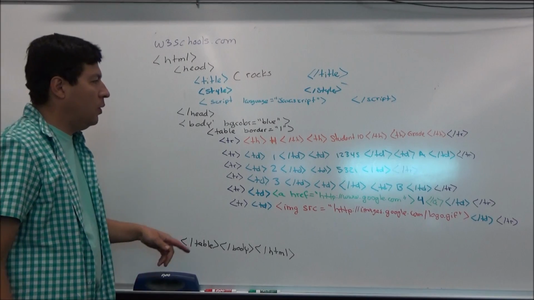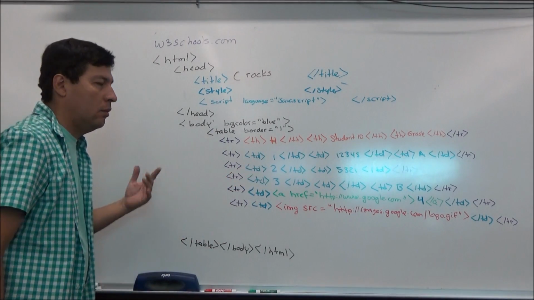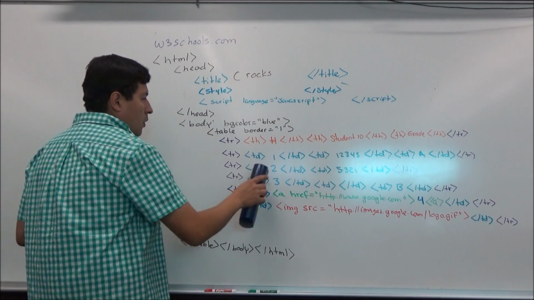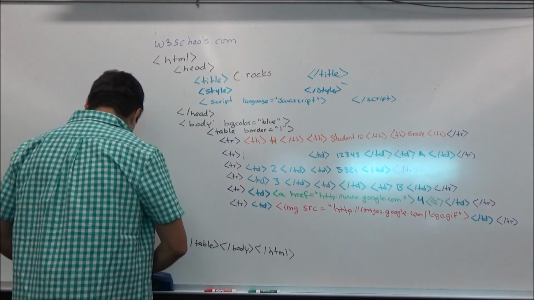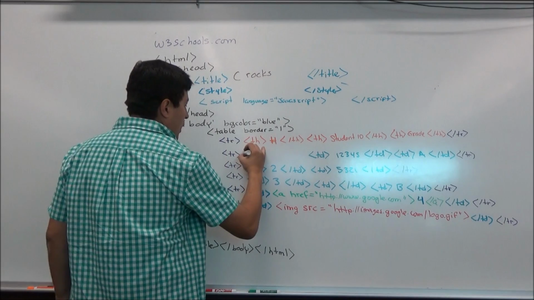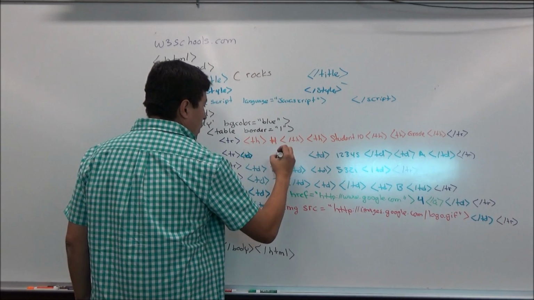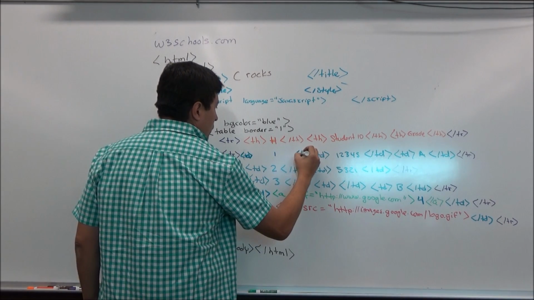Let's say I want to underline the number 1 here. So to underline, I didn't have enough space here. So let's do this. I had it like this. TD, have the 1, close the table tag.